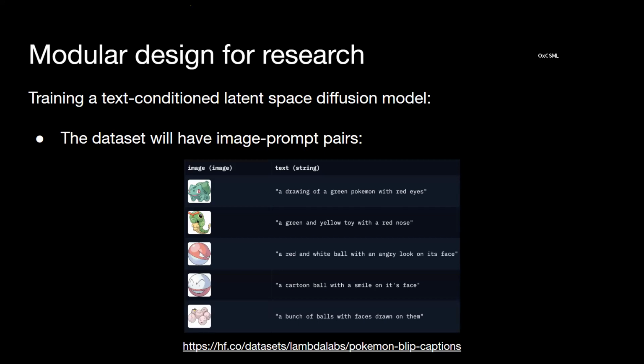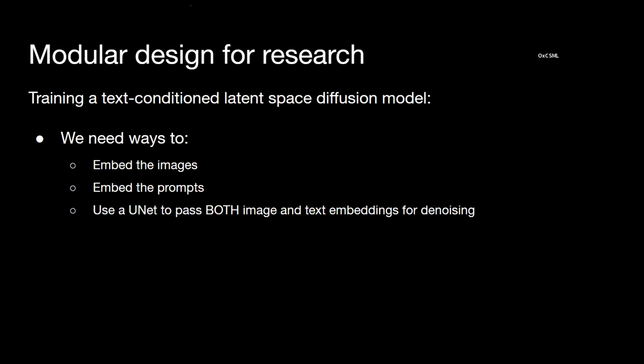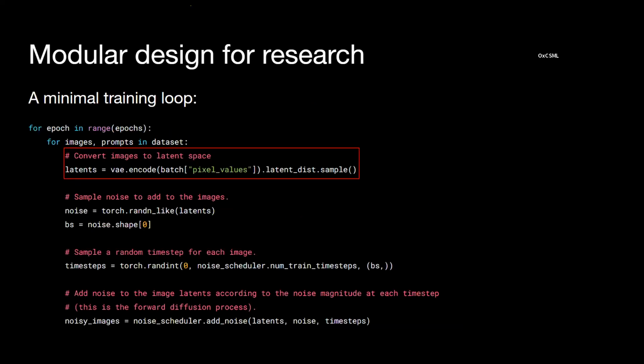But there are some significant differences because we need ways to embed both images and text. And also we need our UNet to accept both image and text embeddings for the denoising process. So let's step through the steps.